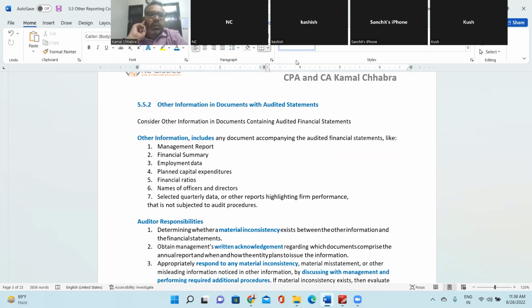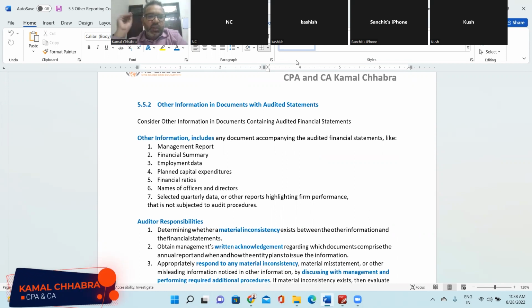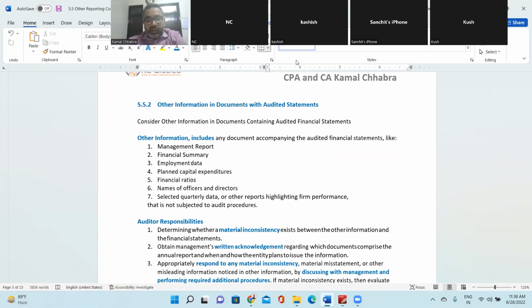Other information, like we discussed earlier as well, includes the management report, director report, financial summary, employee data, planned capital expenditure, financial ratios, name of officers, name of directors, director remuneration, selected quarterly data and other reports highlighting firm performance, that is not subject to audit procedure.